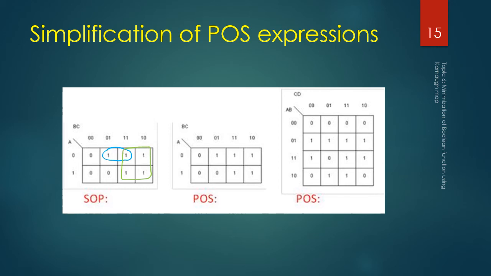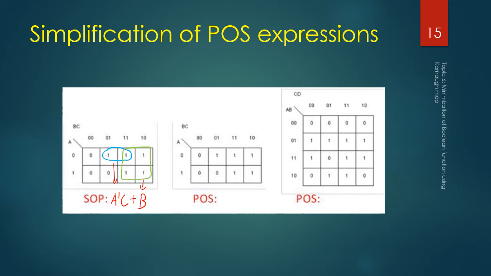The expression would equal, for the blue one, A prime C. For the green one, B is not changing, so just B.